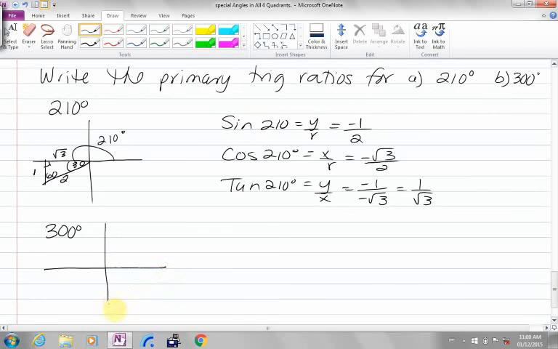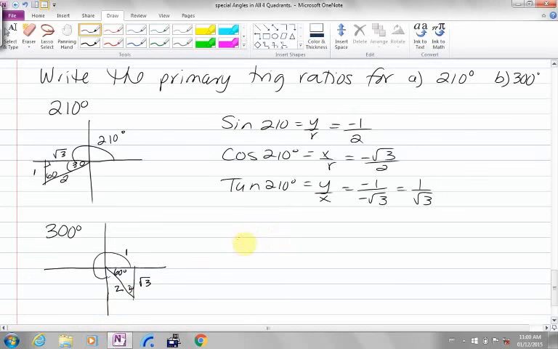Now, for 300 degrees, we're 60 degrees away from 360. So our reference angle is 60 degrees, which means our 30 degrees is down here at the bottom. So across from 30 is 1. Across from 60 is root 3, and the hypotenuse, or r, is always 2.